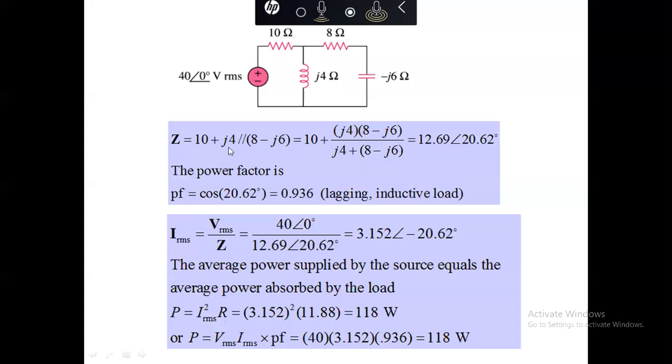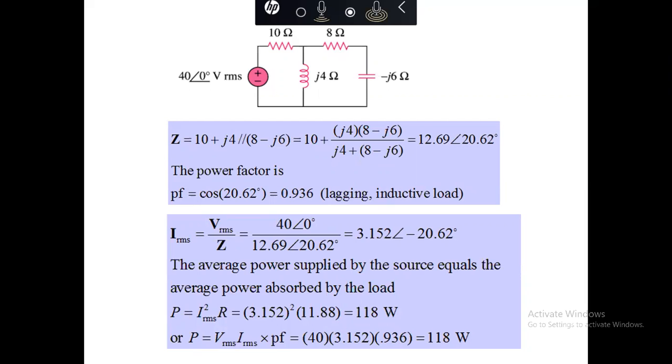So we have this j4 parallel 8 minus j6 impedance, and we sum it with the series resistance of the network, which is 10. So we have 10 plus the parallel impedance of the network, and the overall result of this impedance is 12.69 at the angle of 20.62 degree.